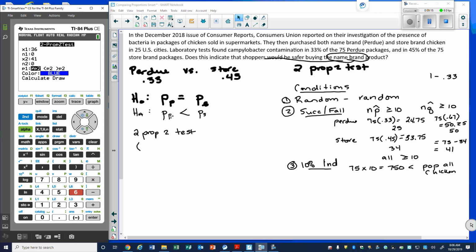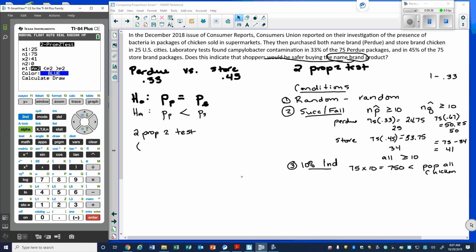So because the Purdue chicken was the first proportion listed, then I want the number contaminated, which is this 25 from our success failure. So we had 25 packages that were contaminated out of n, which is my sample size of 75. And then we're going to list the same information for the second sample that I took.